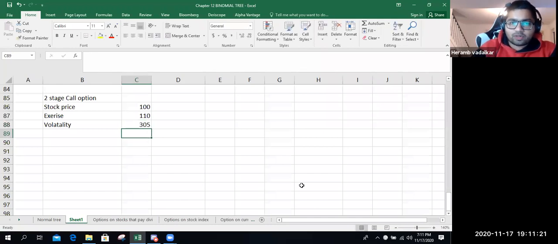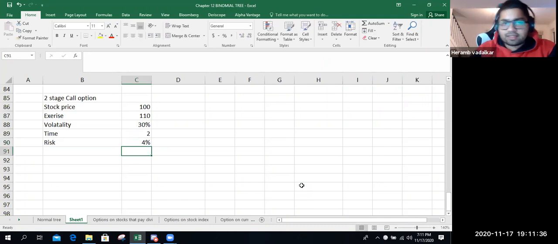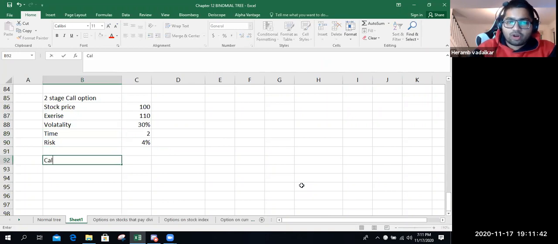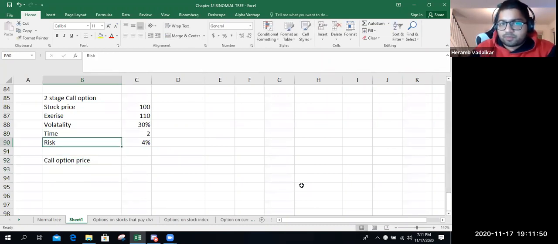Stock is more volatile. Let's say time is 2 years. And the risk-free rate is 4%. This is given to you. It's a two-stage call option, so you have to find out call option price.